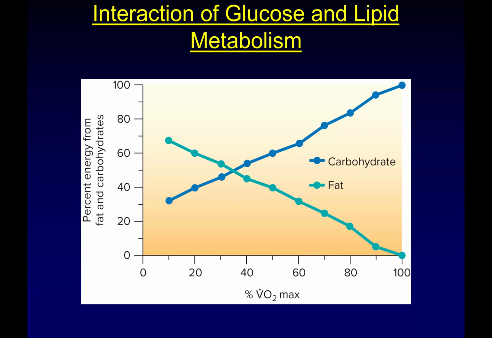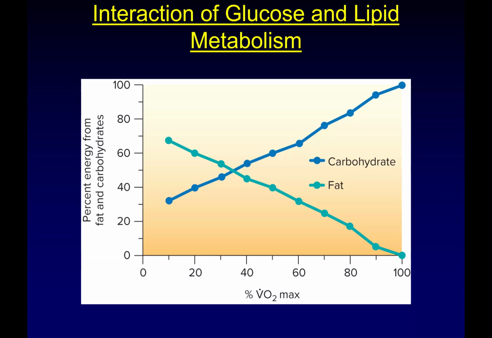And so if we look at this particular graph, it's going to try to demonstrate to you guys the relative percentage of ATP that comes out of the mitochondria that has come from breaking down fat versus breaking down carbohydrate. And what we see here is a percentage of VO2 max.